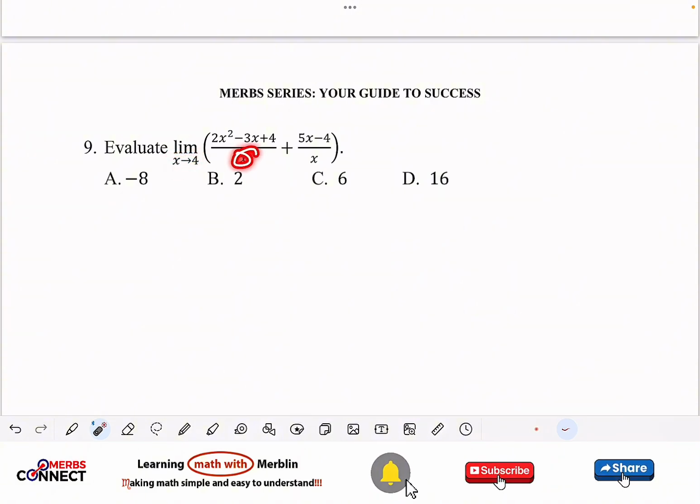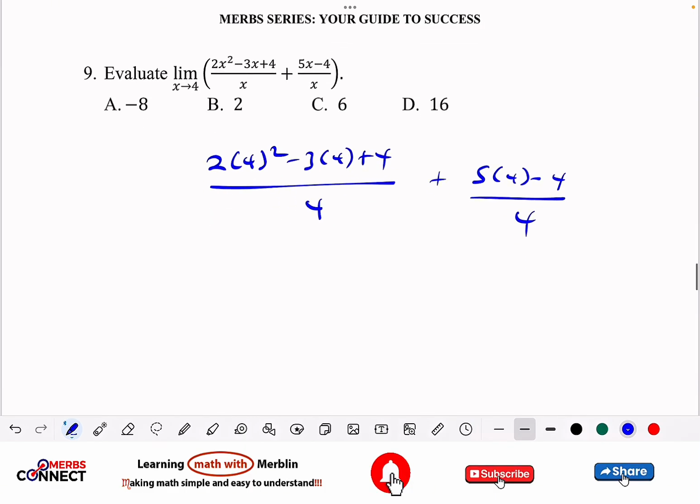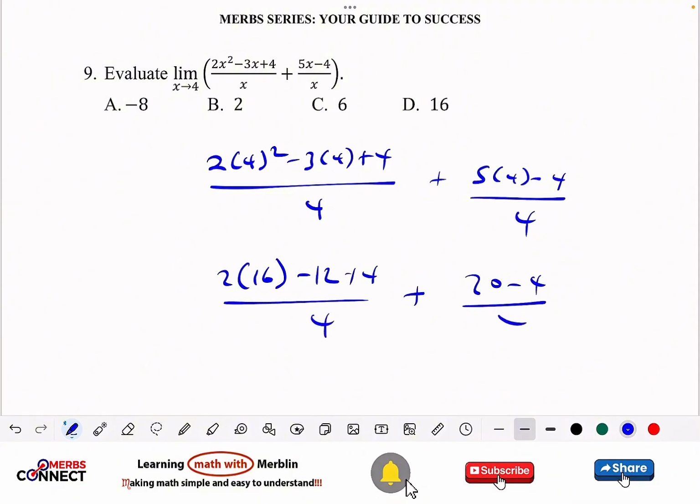So question 9 too, don't forget this is x approaching 4. So you can just do direct substitution, and then I love direct, let me do it myself. 4 squared minus 3 times 4 plus 4 divided by 4, plus, I want to give you something which is difficult, divided by 4. So this is 16 minus 12 plus 4 divided by 4 plus, this is going to be 20 minus 4 divided by 4.